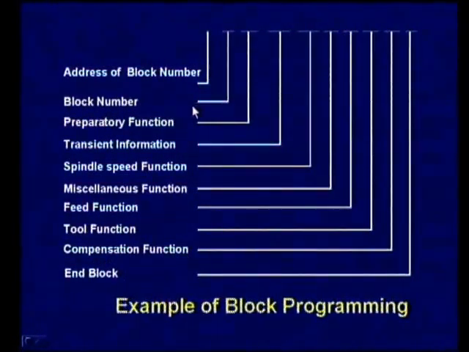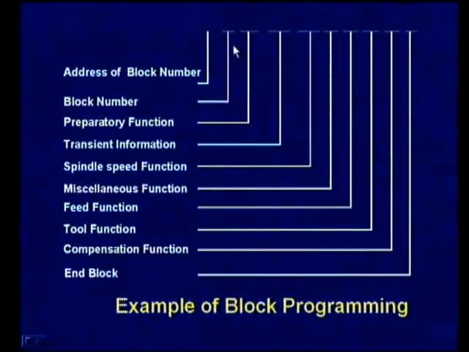Block number is denoted with N, preparatory function with G, spindle speed function with S, miscellaneous function with M, feed function with F, tool function with T, compensation function with D, transient functions generally with H, and end of block with EOB.